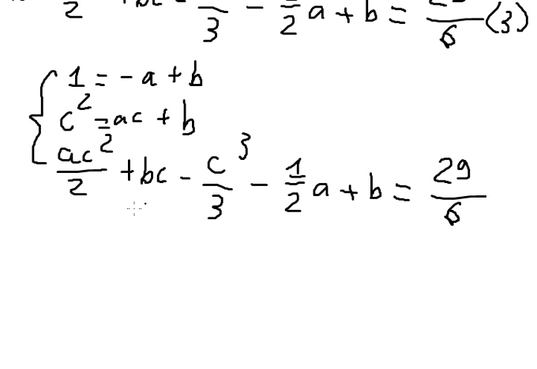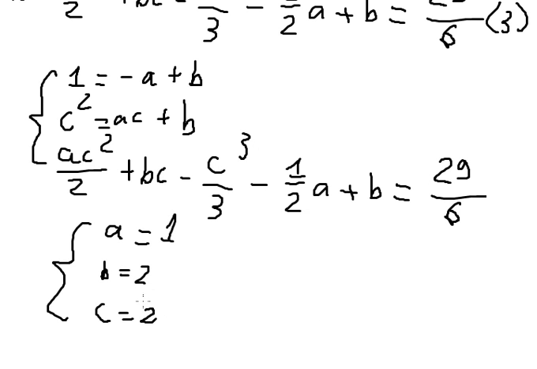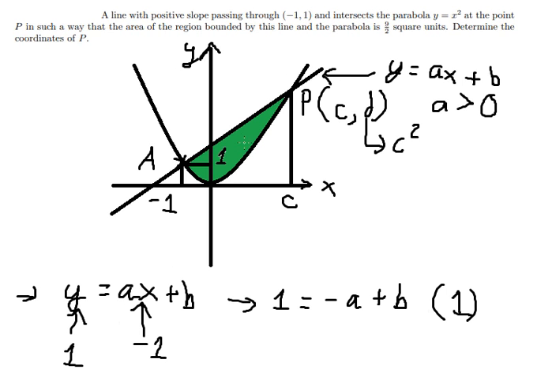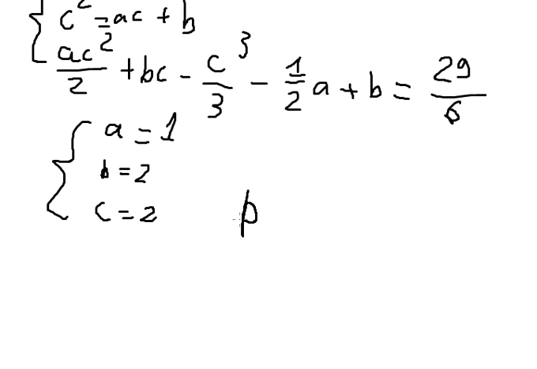So I use a program to calculate a, b, c, and we will have a equals 1, b equals 2, and c equals 2. Because we want to find the coordinates of P, P is c, c squared, and we put 2 in here and here.